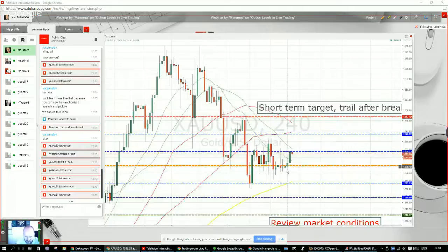And this previous 4-hour close showed us a very good confirmation of our buying entry. The only thing that stops me from entering in a normal way is that we haven't broken through these levels here and this one.